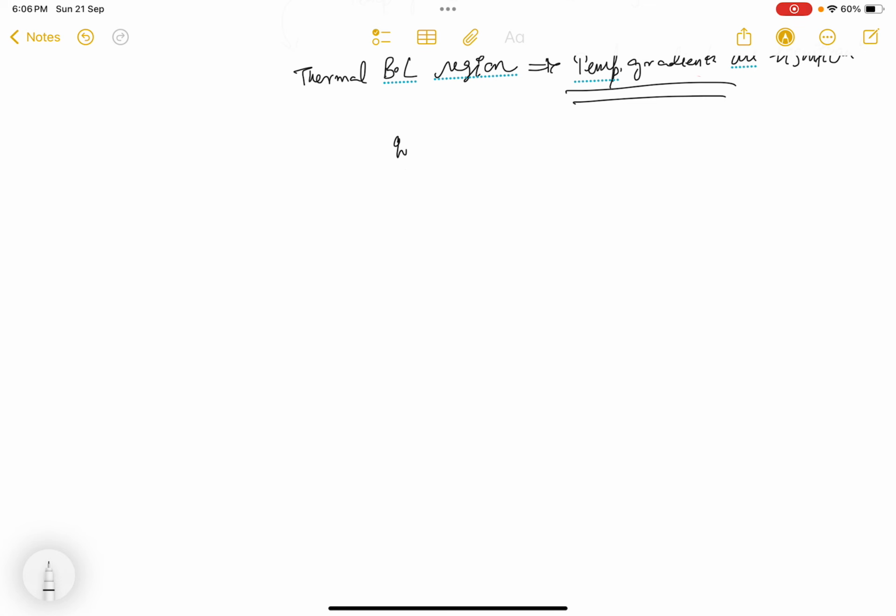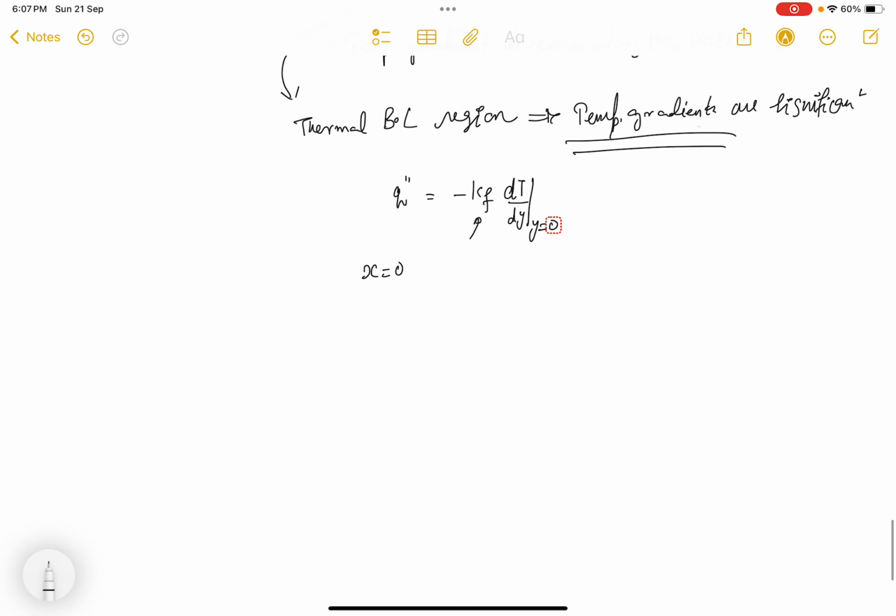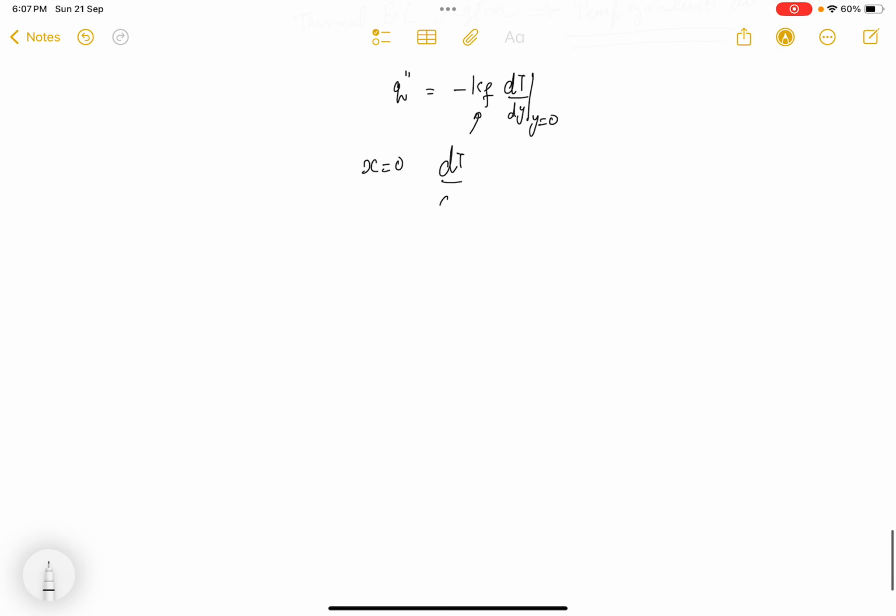So if we want to find the heat flux because of the temperature gradient, we can find it as minus Kf, thermal conductivity of the fluid, times the temperature gradient at the wall, right? So at x equal to 0, here temperature gradients are very high, so heat flux will be high.